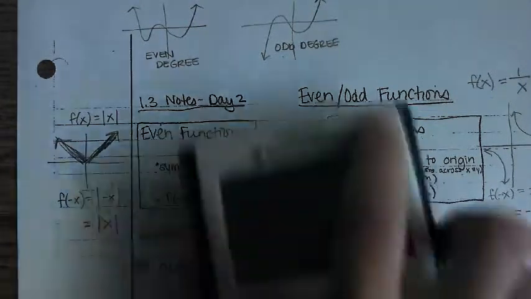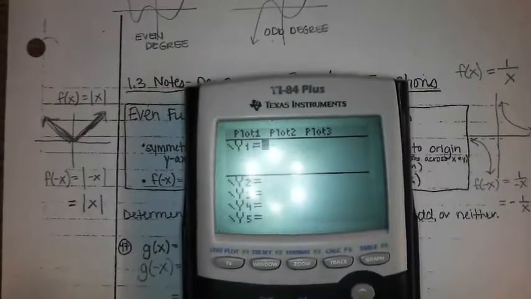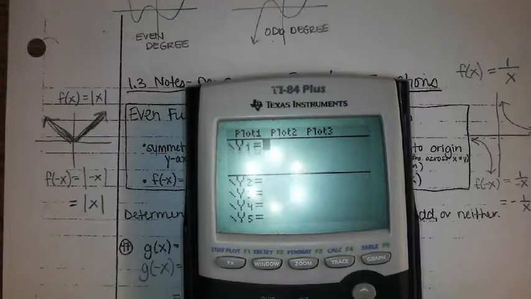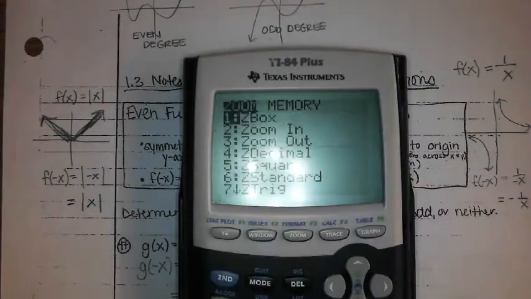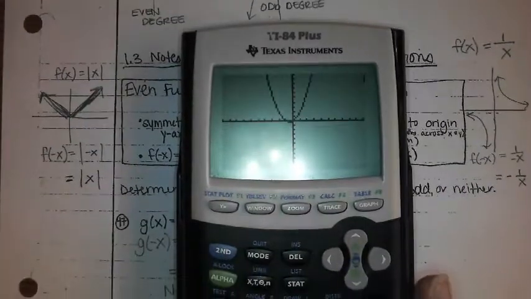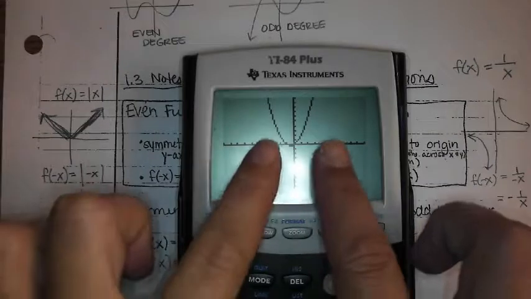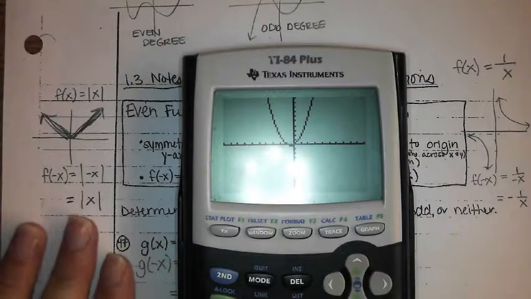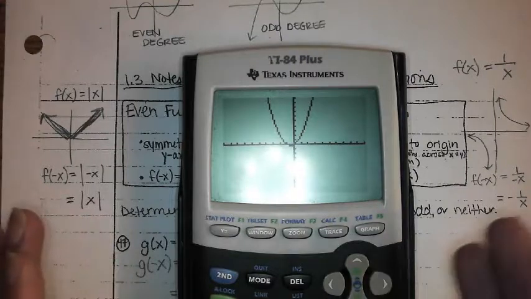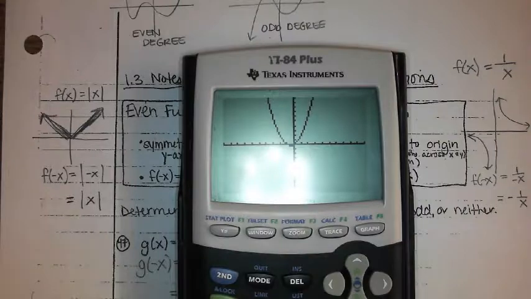So I'm just going to offer up a graph of this just to wrap our heads around it. X squared plus x. And look at what this function looks like. It's basically a parabola that looks like it's been shifted a little bit to the left, right? Okay. So obviously, because it's shifted a little to the left, it's lacking that y-axis symmetry.